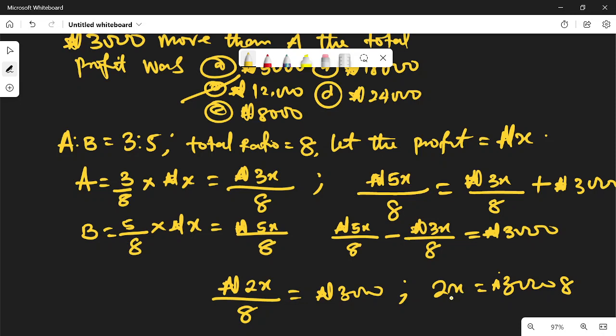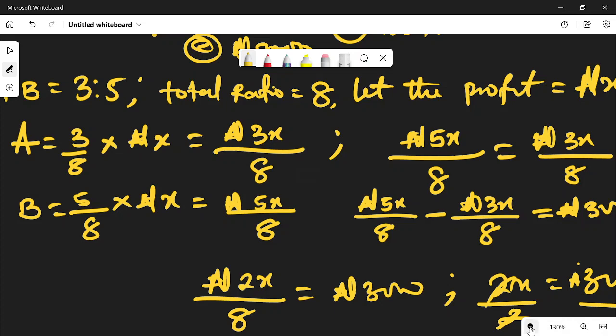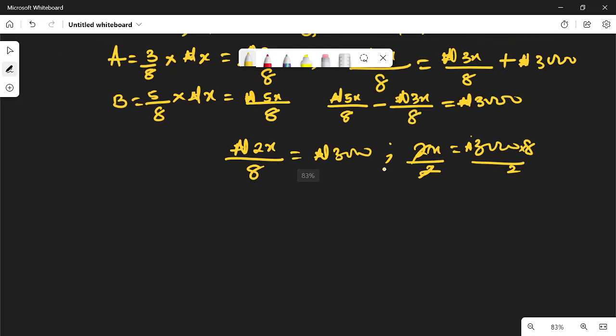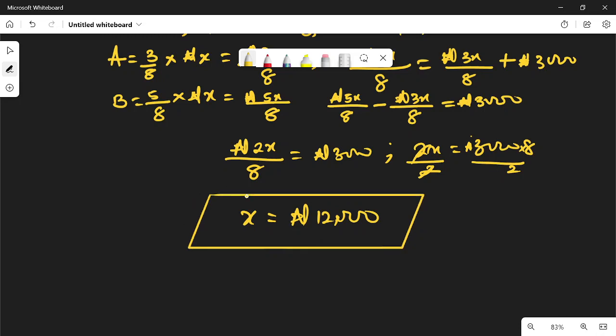Dividing both sides by 2, this gives us 24,000 over 2, so x equals 12,000 naira. I hope you understand this now. Do you understand this now? So the correct option there is option C. Yes, sir.